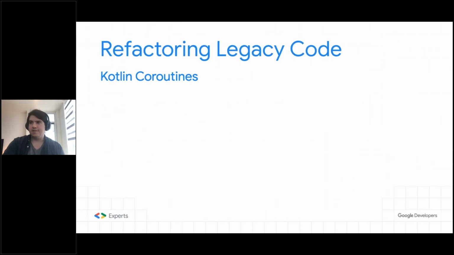So moving back to refactoring legacy code with Kotlin coroutines. The nice things here are that we're using a native library. So coroutines isn't like a second-class citizen to Kotlin, like RxJava is to Java or any of the Guava things, something developed after the fact. Coroutines is part of the language.